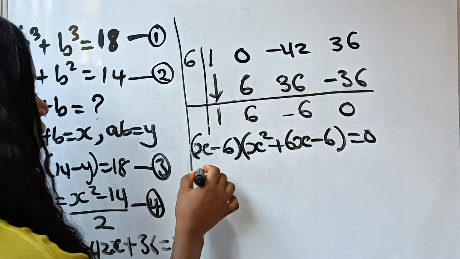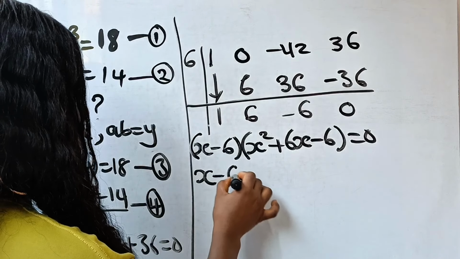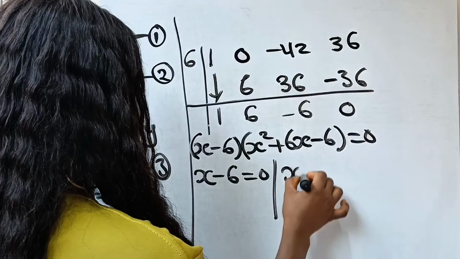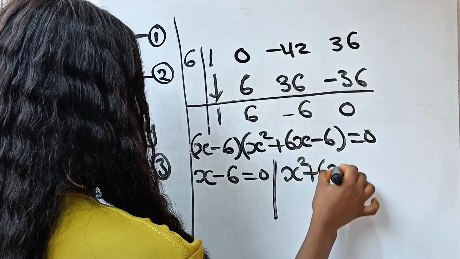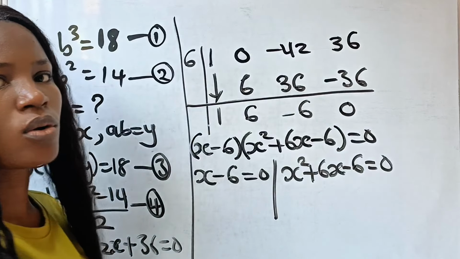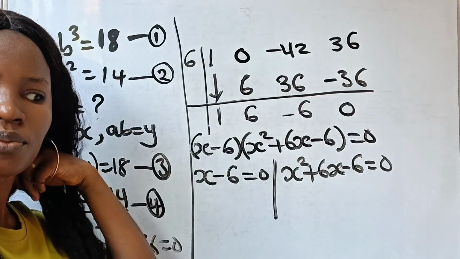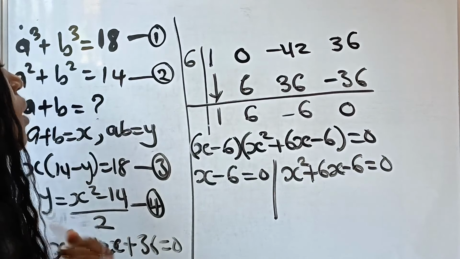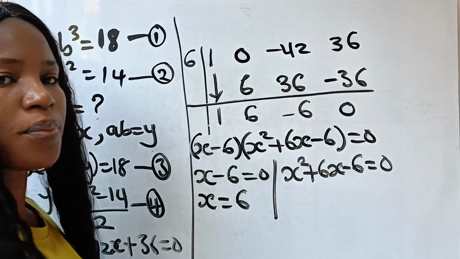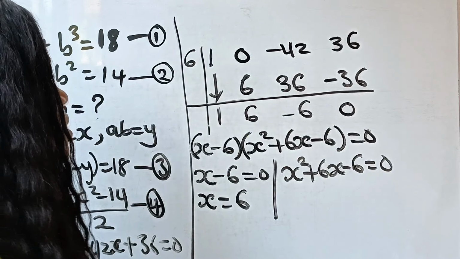From here we can say x minus 6 is equal to 0, and x squared plus 6x minus 6 is equal to 0 as well. From here we have x is equal to 6. That is the first value of x.